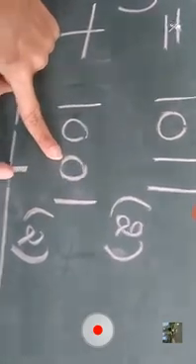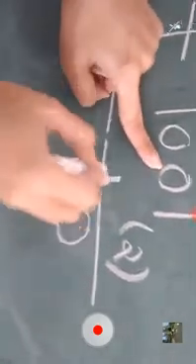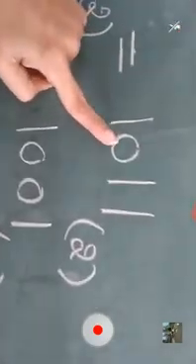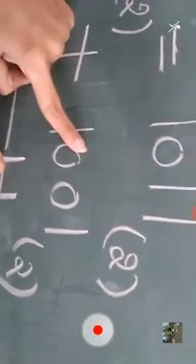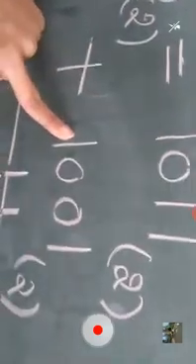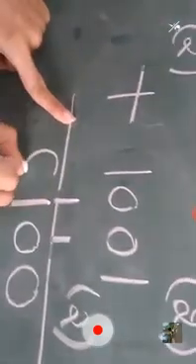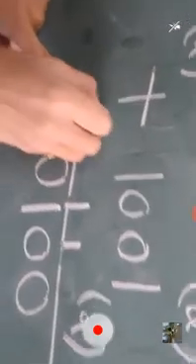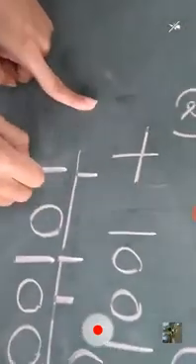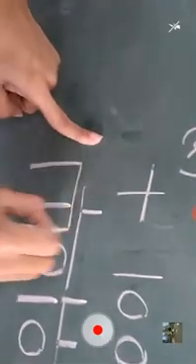Again 1 plus 1 is 0, carry will be 1. Then 0 plus 0 is 0, and with the carry 1 comes here. See here, 1 plus 1 is equal to 0, and carry comes here. Let me write the carry here at the side. You can see this is the carry.